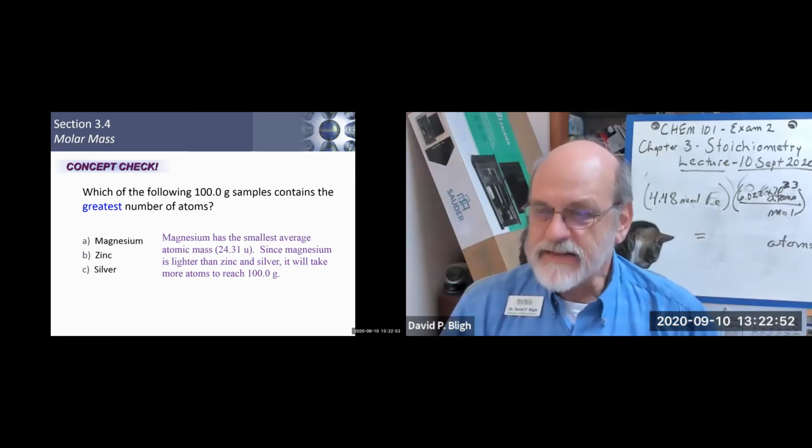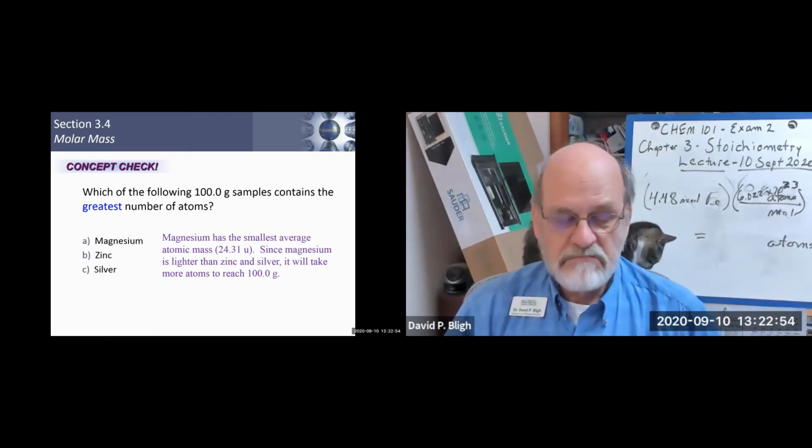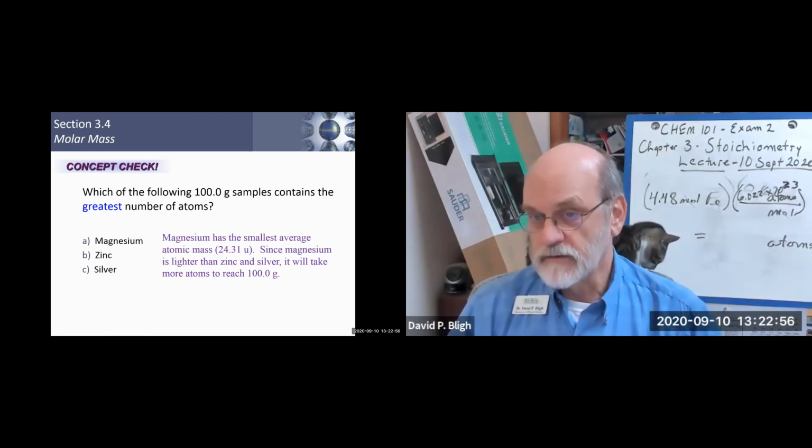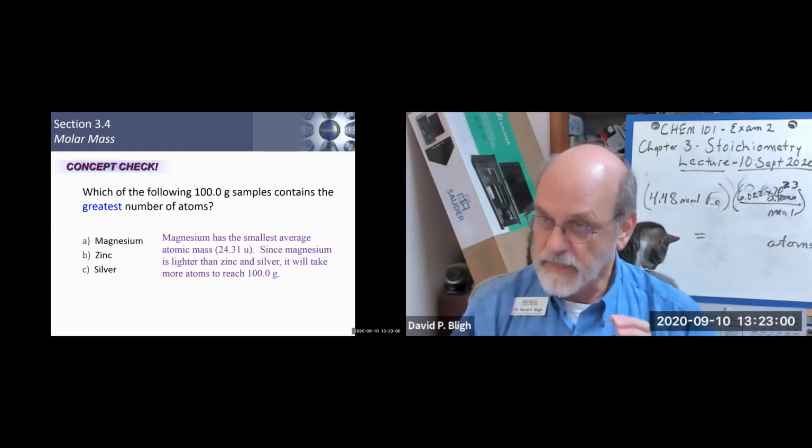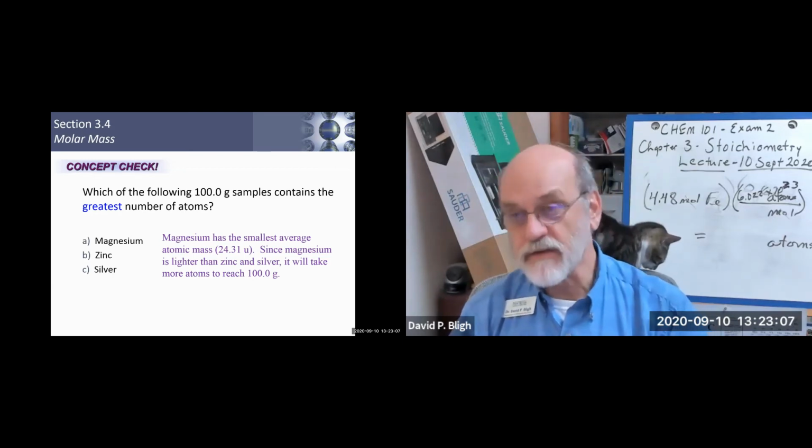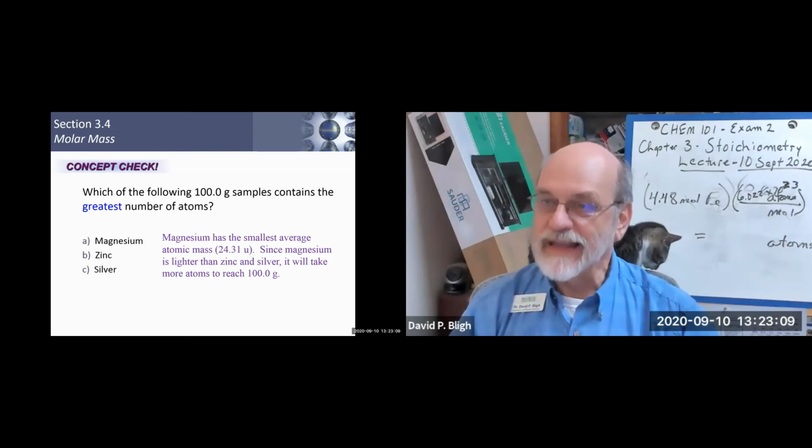That's why magnesium is incorporated into a number of different alloys, because it is extremely light. But still, it's a metal, and it can be used in an alloy to maintain the strength of the metal, but make it lighter.